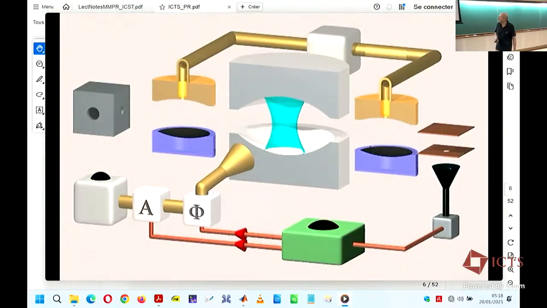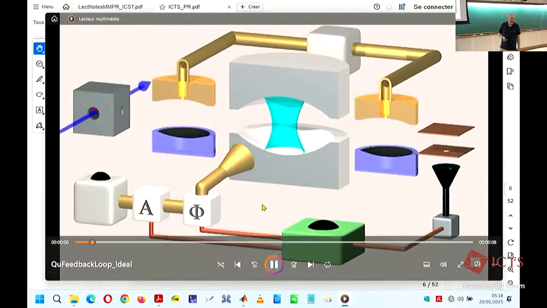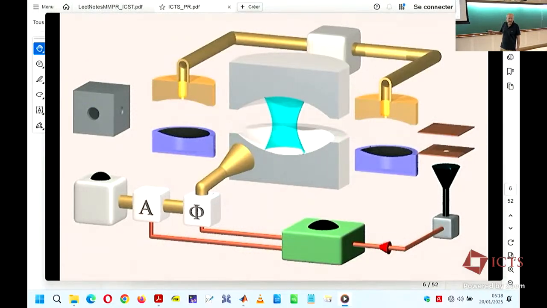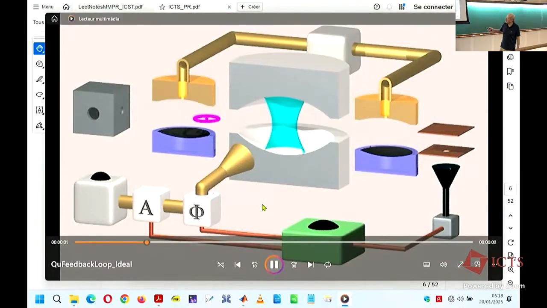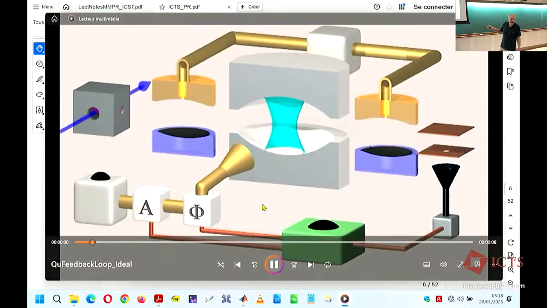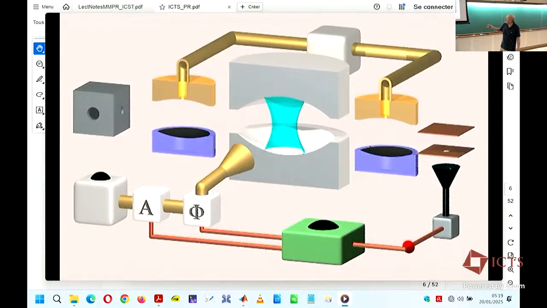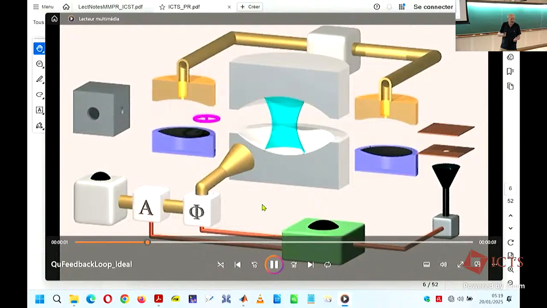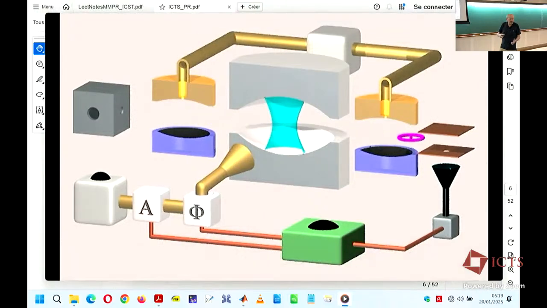So earlier you said that the input is classical. There was a classical input. The input is classical here. This is your control input. You also have other control inputs, which could be which pulse you put here and which pulse you put here. And there are also control inputs which determine what kind of interaction you have. You can tune the interaction between the atoms, the mirrors and the photons.